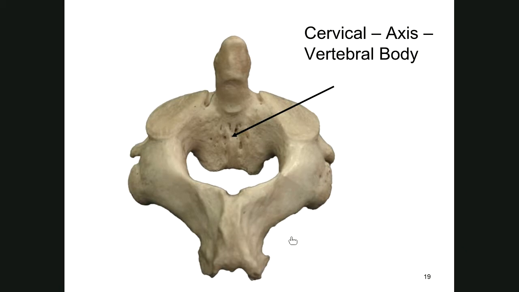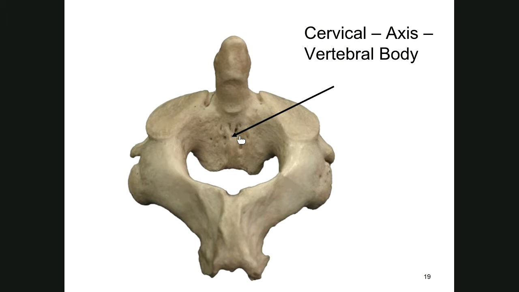Okay, so you guys do have this one in there, yes? Okay, cool. All right, so the axis, or C2, this is C2, it also has a vertebral body. Here's the dens, and the dens sits right on top of the vertebral body.